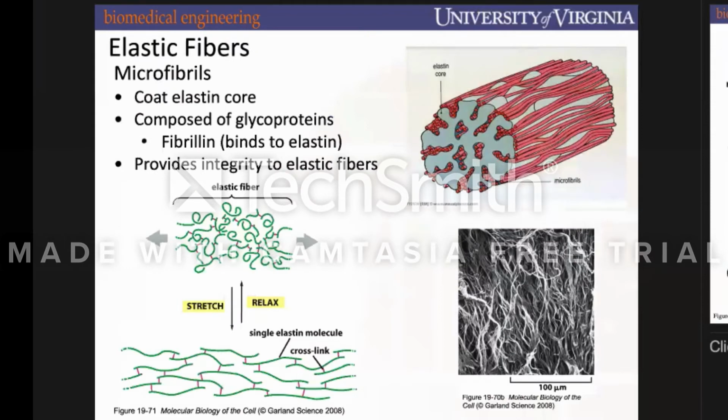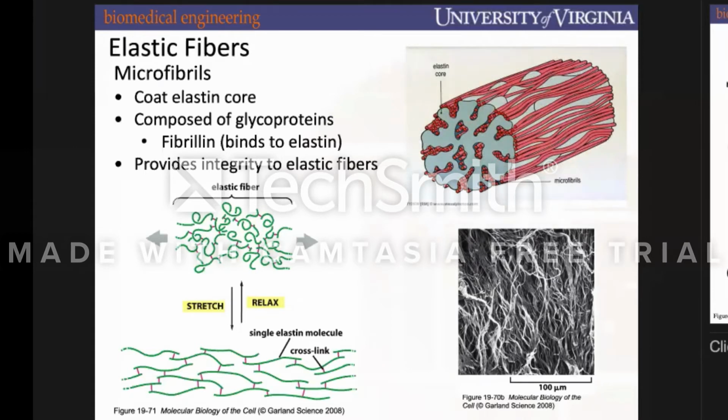Looking at the structure of elastin, as I mentioned, it's incredibly hydrophobic. If you guys remember, things that are hydrophobic are typically embedded and hidden because our proteins and cells are usually in a very aqueous environment. So elastin is the protein. We have elastic fibers.